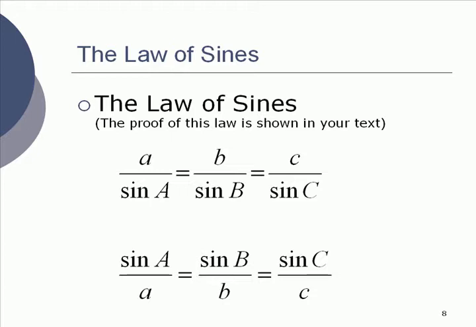What one thing has to be true to know any one of these ratios? You need to know the sine of an angle and the opposite side, okay? Or a side and the opposite angle. If you don't know any opposite pairs, then we can't establish that ratio and it's useless.